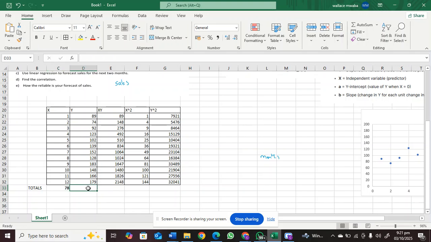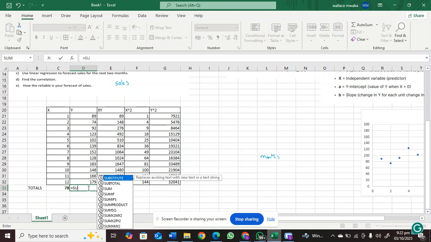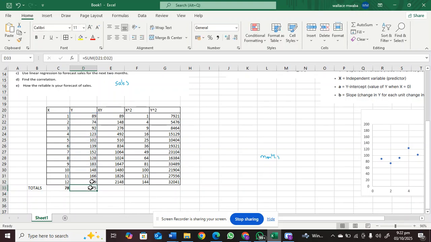For y, the same thing, add them up, get the total, 1575.